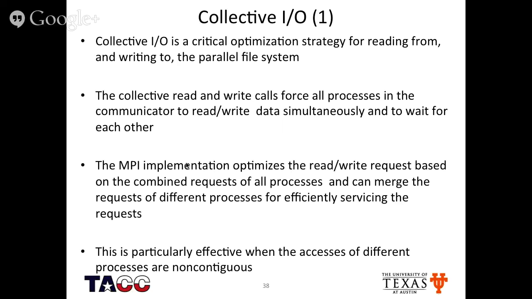One thing I should have mentioned early on is that your performance depends on whether you're doing contiguous or non-contiguous reads and writes. If your data is contiguous, you see a lot of performance gain as compared to doing it in a non-contiguous mode.